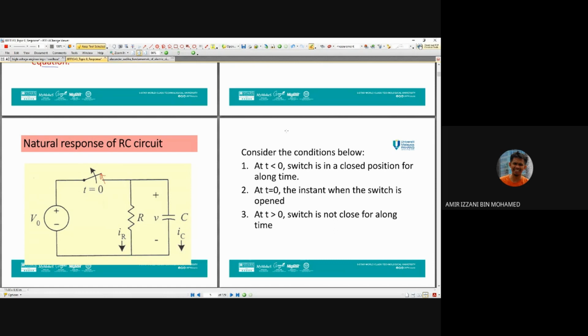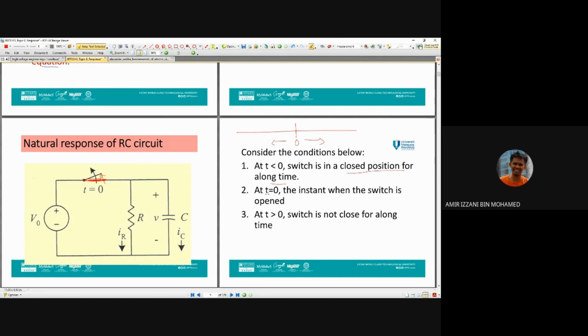Maybe it's better we use a timeline. So 0 is here. This is before 0 and after 0. At time before 0, the switch is in closed position for a long time, meaning that the circuit is completed and energized.